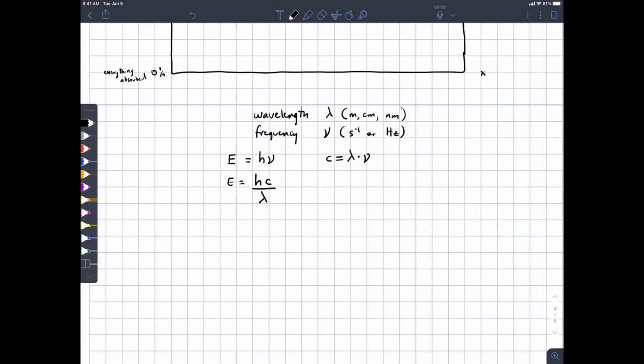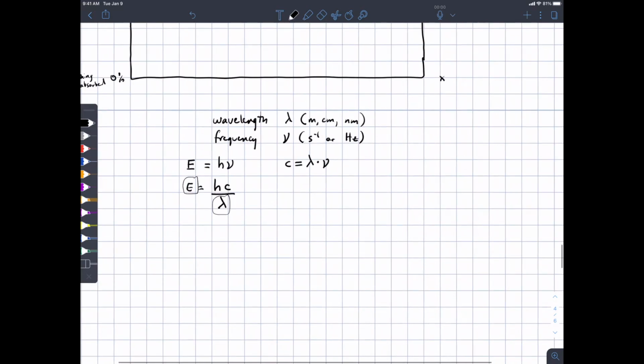Because the energy of a photon is related to the inverse of the wavelength, we're going to define a new thing to put on the x-axis, which is called wave number. Wave number equals 1 over the wavelength, and it's going to have units of inverse centimeters for whatever reason, okay?